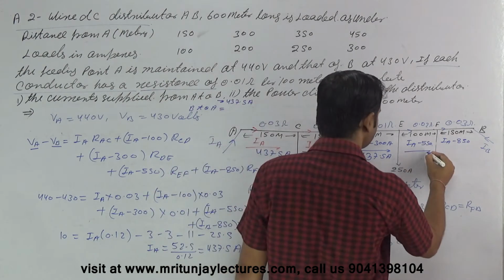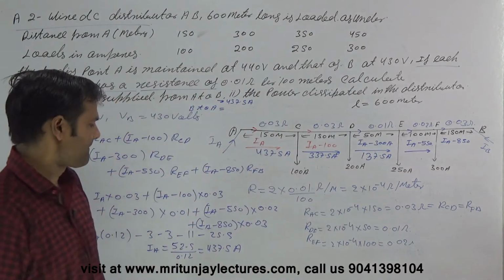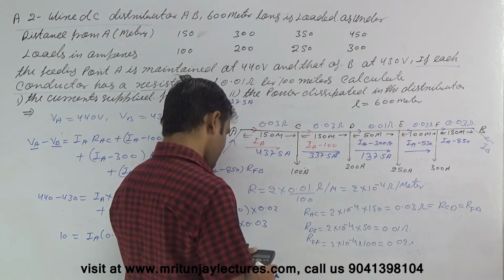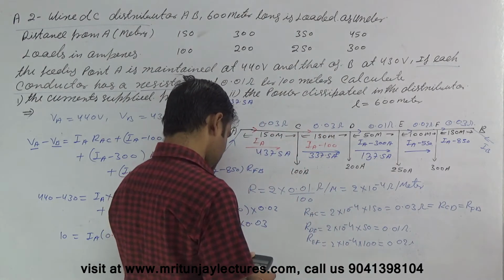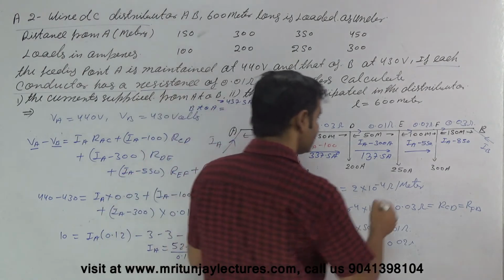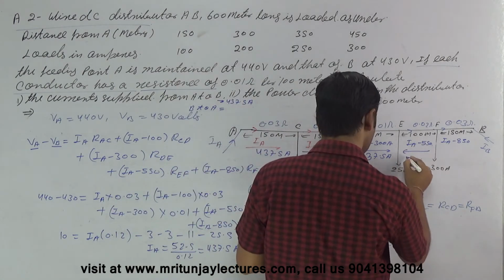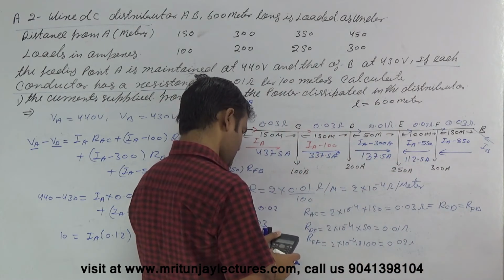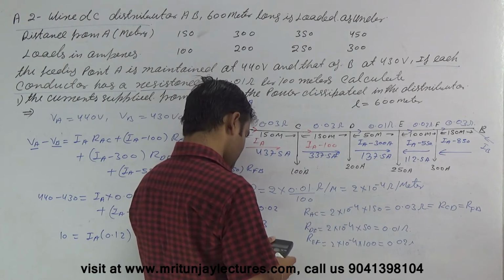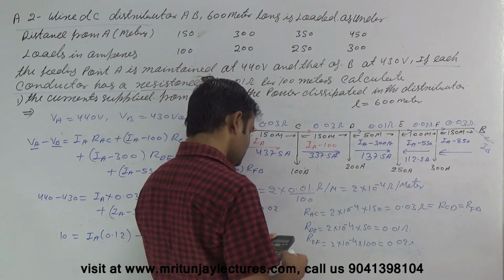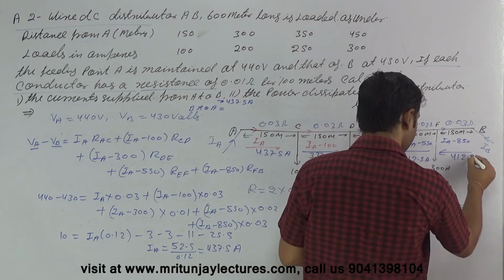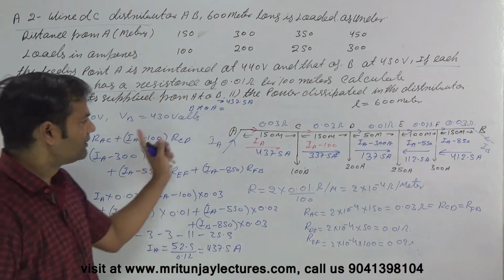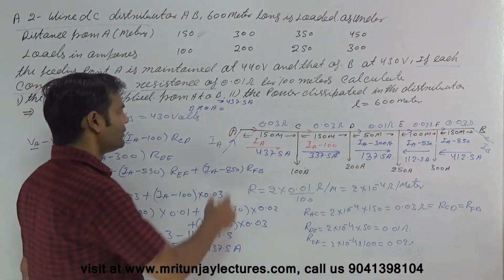Now here, that is 550 minus 437.5, the direction of current is reversed, 112.5 ampere, and 850 minus 437.5 is 412.5 ampere. Clear? The direction of current is from A to B like this, and from B to A it is 412.5 ampere.